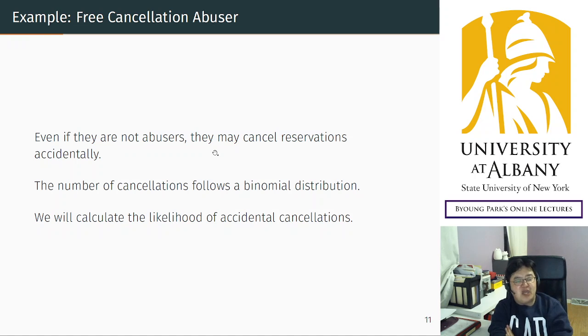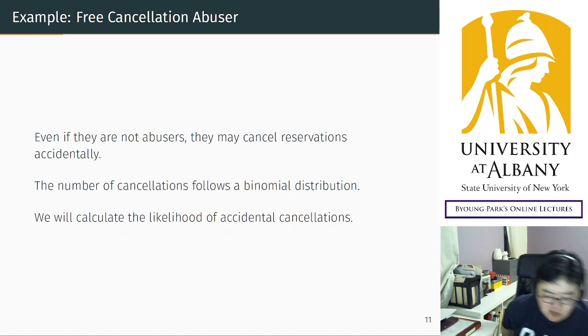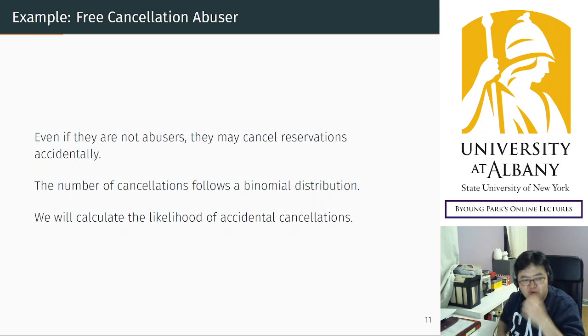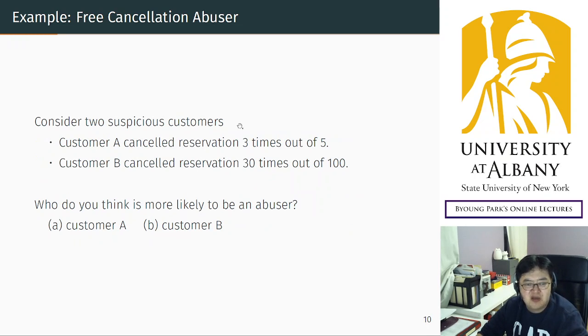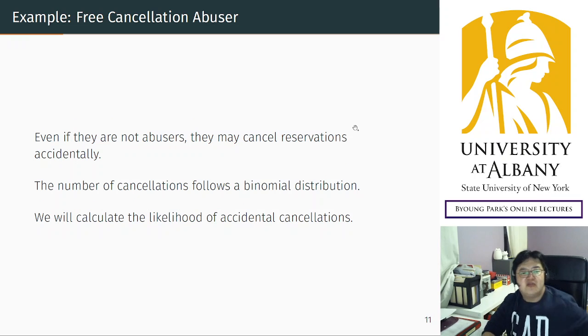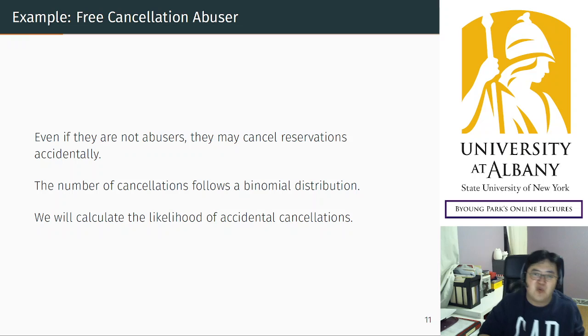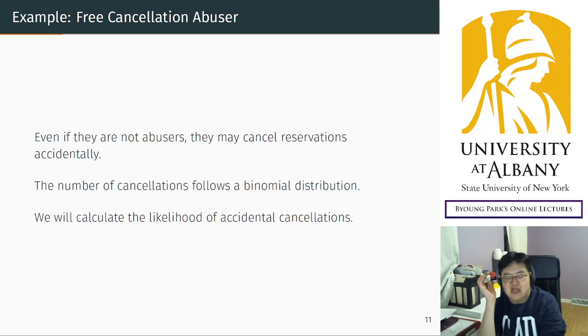However, we are going to think about it the other way. We are going to first assume that they are not abusers. They are not abusing the policy, but still they may need to cancel the reservations for some reasons. This could be honest cancellations. Then how can we tell? There is no way to rule it out; in terms of probability, it is possible.